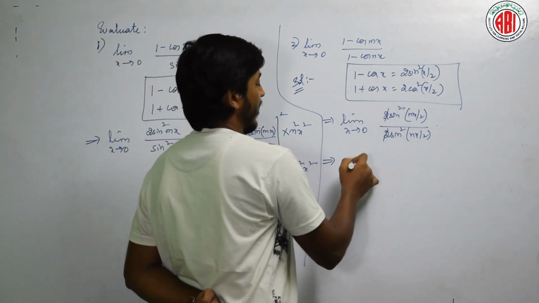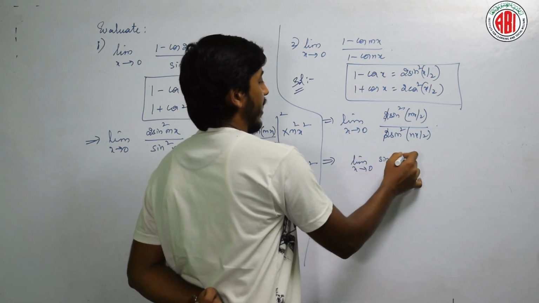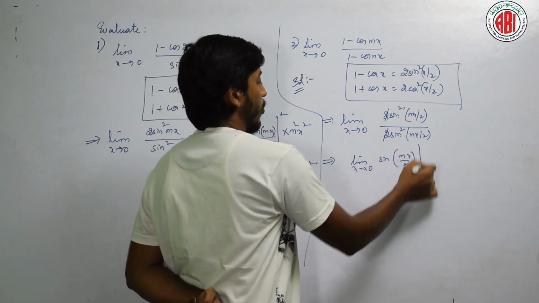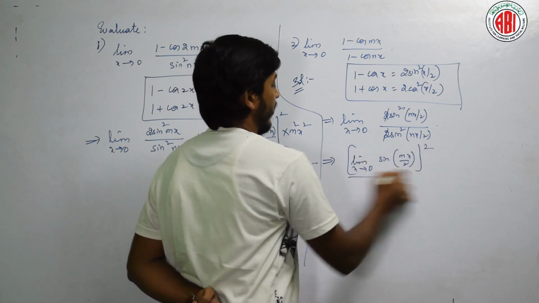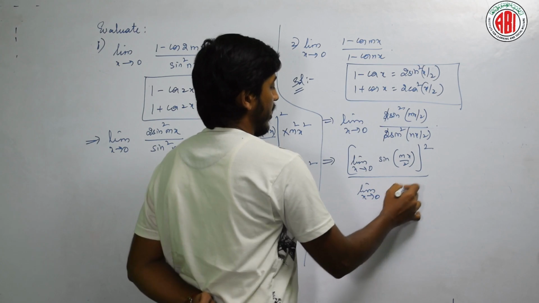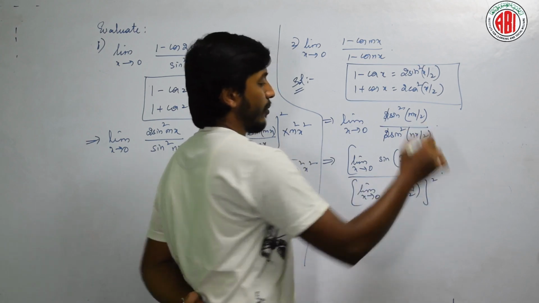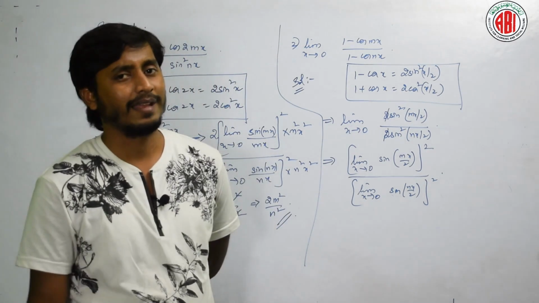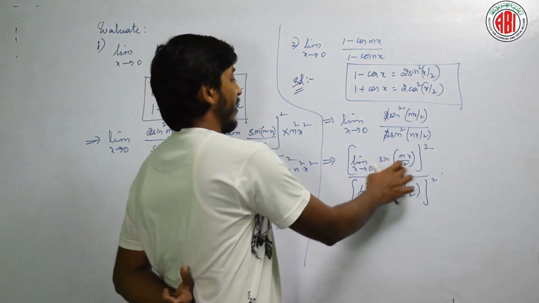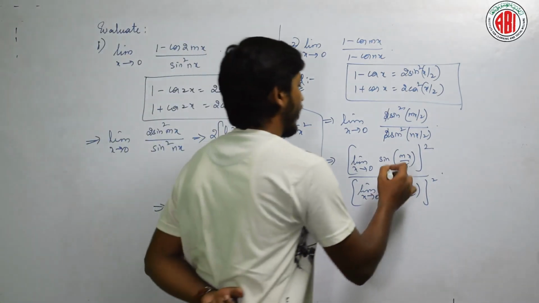Let us separate the limit for numerator as limit x tends to 0 of sin mx by 2 whole square, divided by limit x tends to 0 of sin nx by 2 whole square. What is the next step? Again we have to multiply and divide with mx by 2. Yes, just do it.